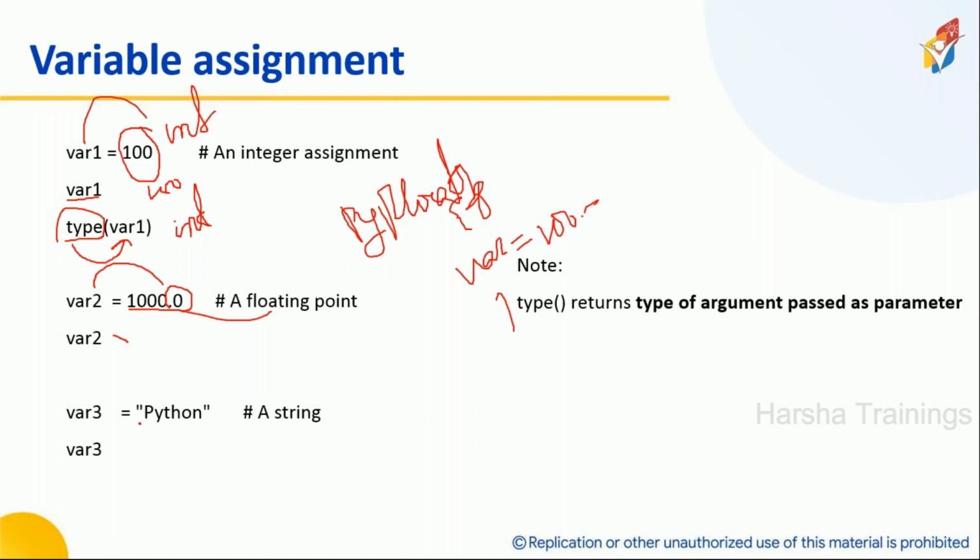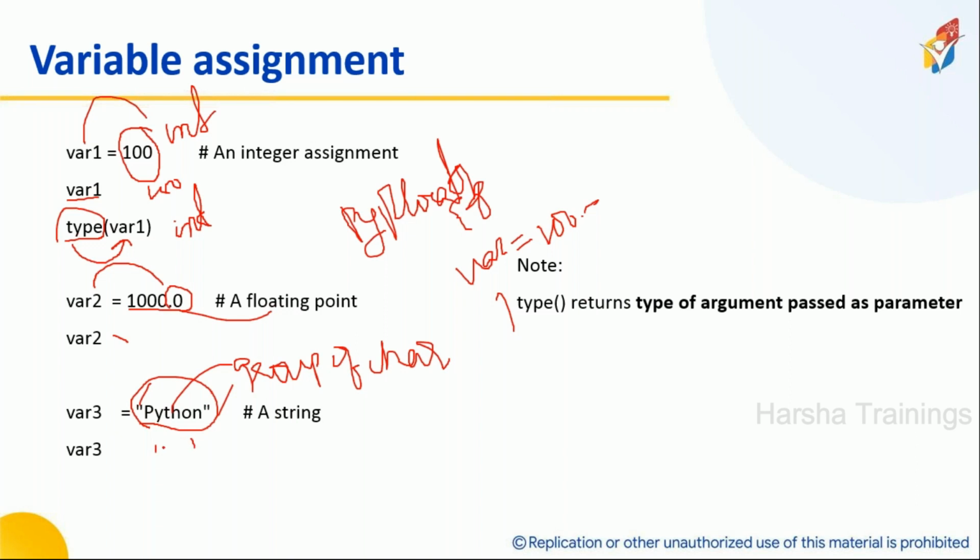Then the third kind is called a string. A string is a group of characters, declared with either double quotes or single quotes. Both are valid in Python.